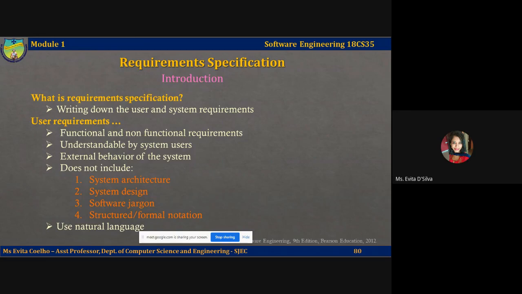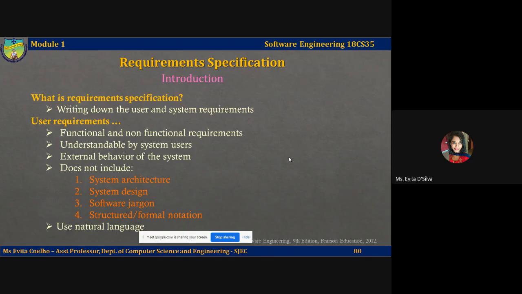Let's start with user requirements. The user requirements for a system should describe the functional and non-functional requirements so that they are understandable by the system users who do not have detailed technical knowledge. Ideally, they should specify only the external behavior of the system, and the requirements document should not include details of the system architecture or the design.